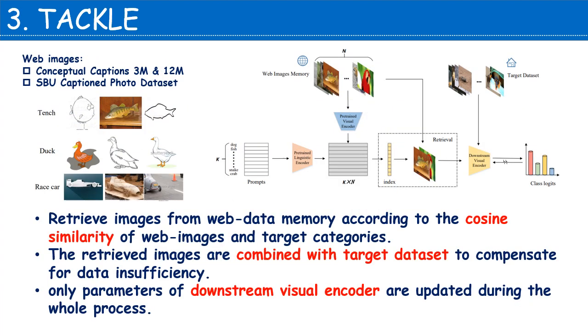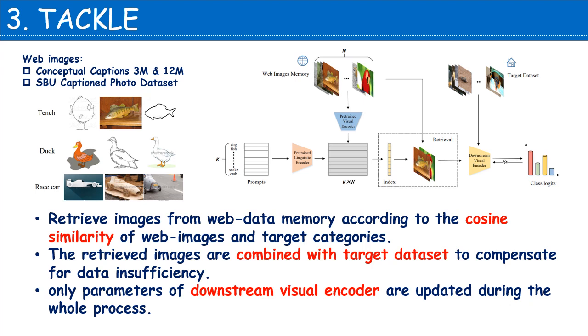Based on unannotated web datasets, Conceptual 3 million, Conceptual 12 million, and the SBU Captioned Photo dataset, we retrieve images from web data memory according to the cosine similarity of web images and target categories. The retrieved images are combined with the target dataset to compensate for the data insufficiency, especially for tail classes.